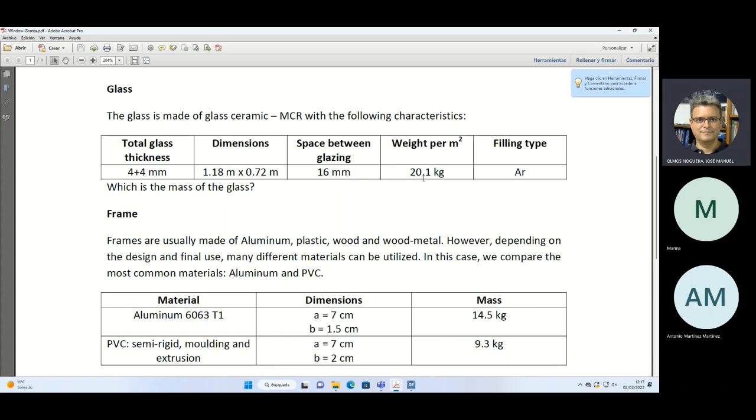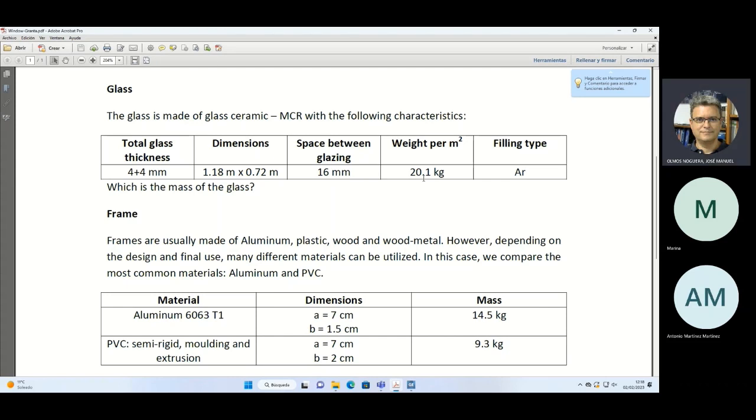No, I want the units. Kilograms. Perfect. Are you taking into account that we have two glasses? No. Yeah, so 34.50 kilograms. It's double glazed, okay?